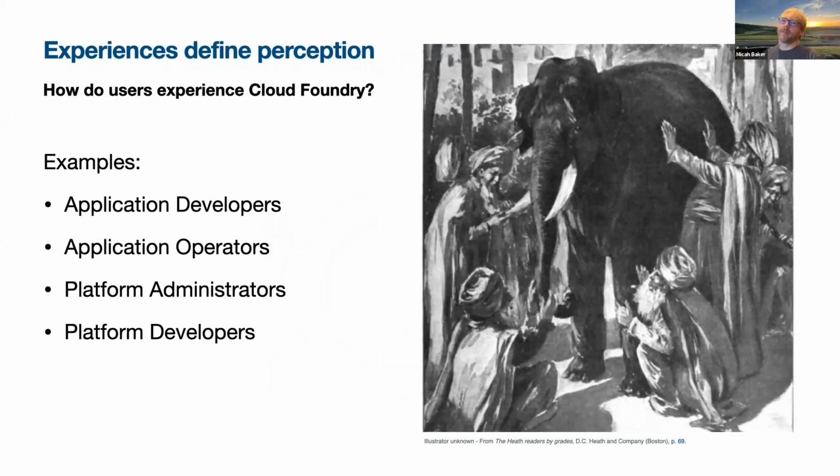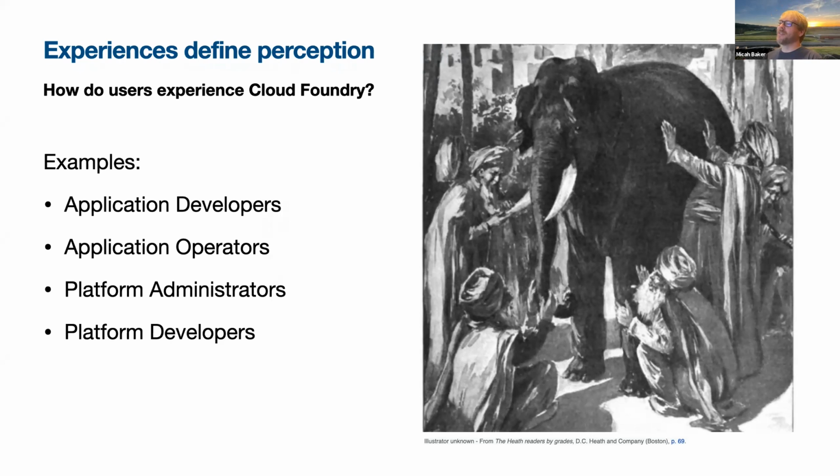But when you think about how people describe Cloud Foundry, it really depends on who they are and what their role is within the ecosystem. And if you'll bear with me, I'm trying to modernize a very old parable here. We'll say that these are 5 people who are unaware of the larger picture, and they're experiencing different parts of something that's too big for them to understand as a whole.